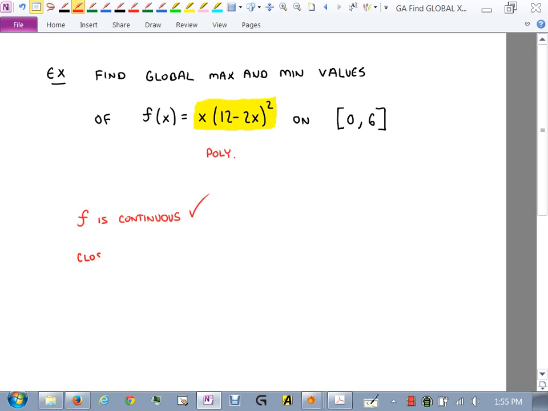Also, I have a closed interval, don't I? That means I can use the closed interval method.